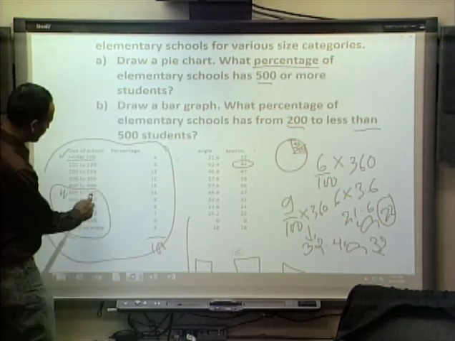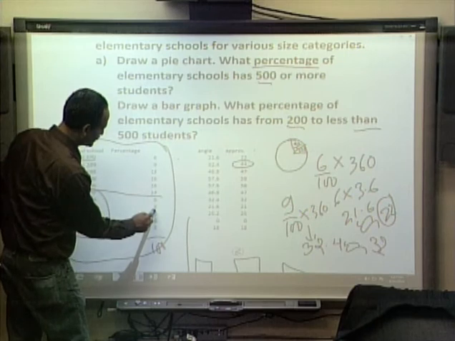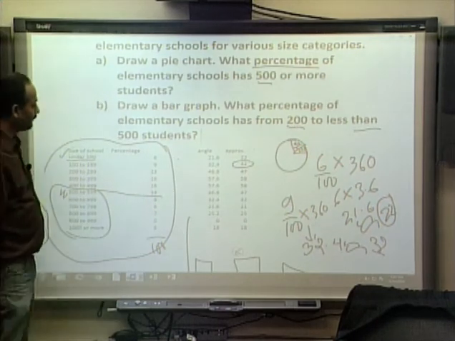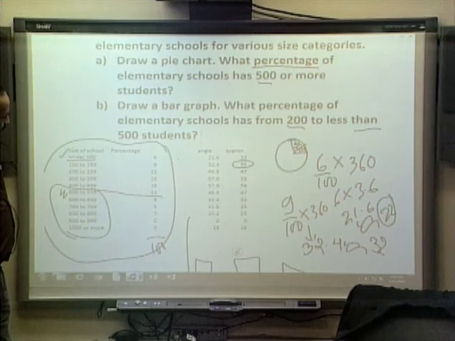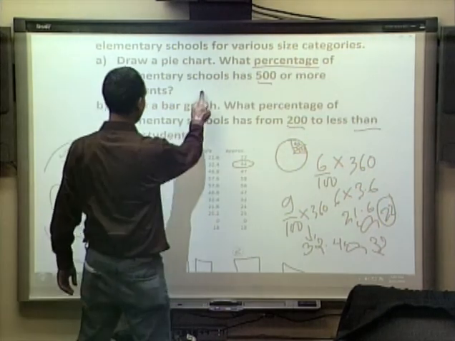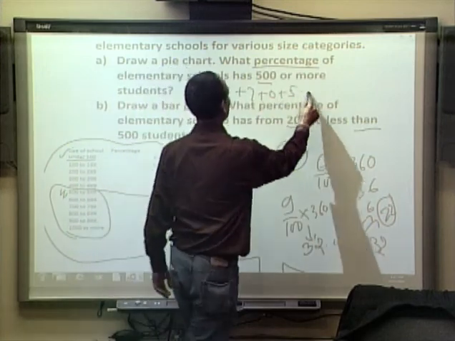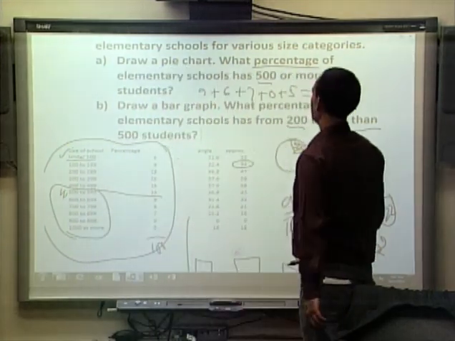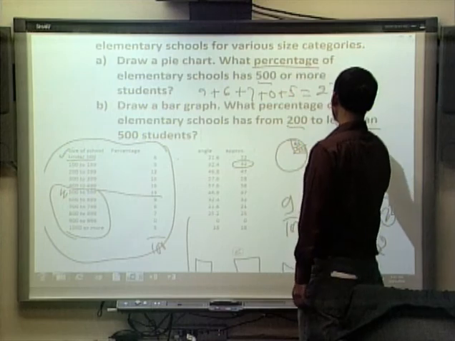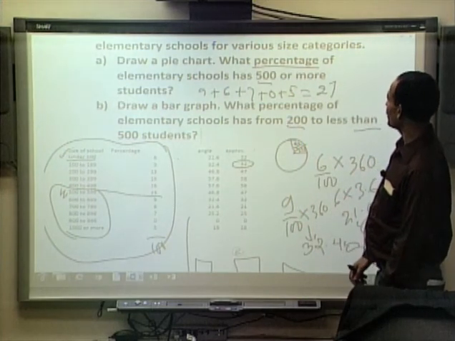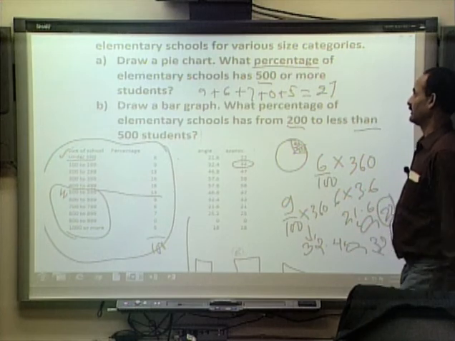So looking at this table, we can say 9 plus 6 plus 7 plus 0 plus 5, which is 27. So 27% of the schools have 500 or more students.